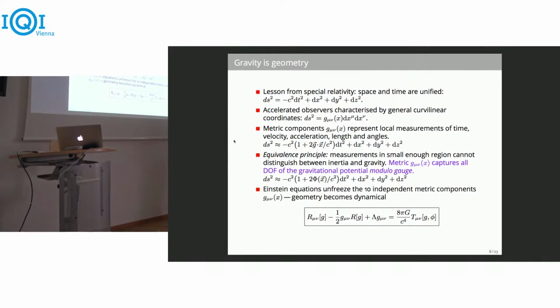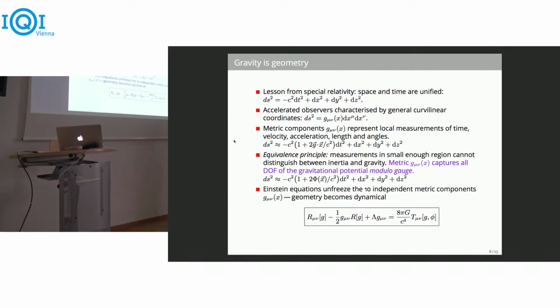And the Einstein equations that tell you that the curvature is sourced by the stress energy momentum tensor of matter turn all 10 degrees of freedom, all 10 metric components, into dynamical fields on space-time.